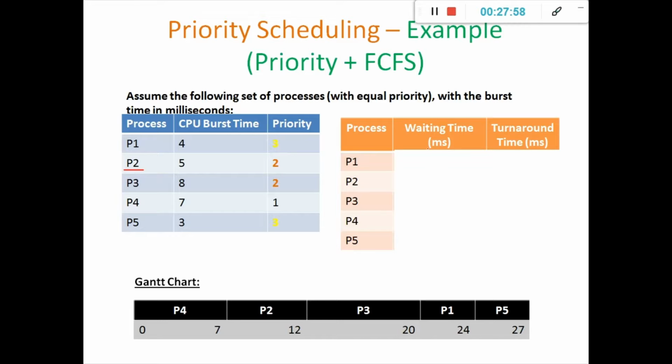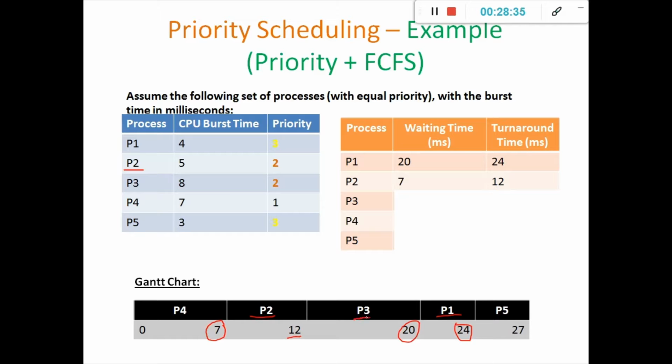If you calculate the waiting time and turnaround time of process P1, it has waited up to 20 milliseconds and completed at the 24th millisecond. So waiting time of P1 is 20 milliseconds and turnaround time is 24 milliseconds. Similarly for process P2, it has waited up to 7 milliseconds, then completed at the 12th millisecond. So waiting time is 7, turnaround time is 12.